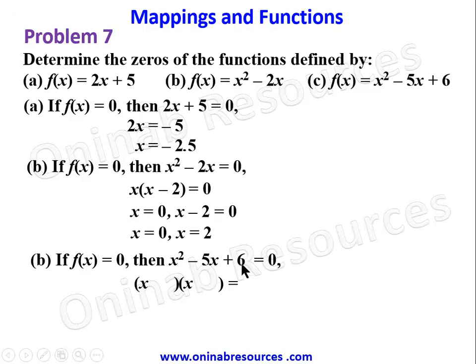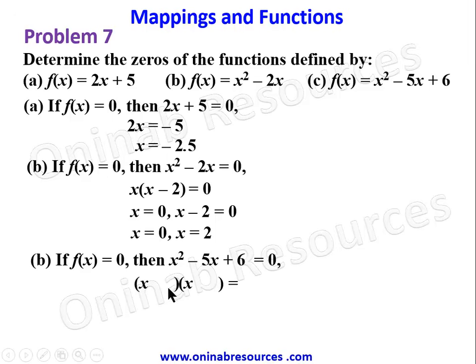Now the two factors, immediately we can have 2 and 3, but 2 times 3 gives 6, right? But 2 plus 3 will not give negative 5. So what we do, we attach negative to both 2 and 3 such that negative 2 times negative 3 will give us positive 6, but negative 2 plus negative 3 will give us negative 5.